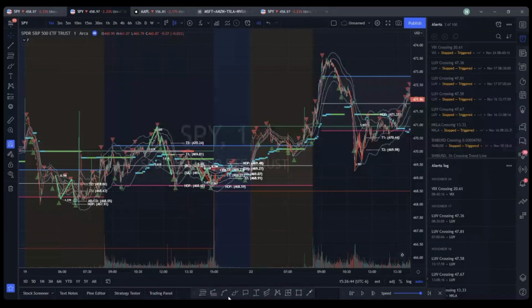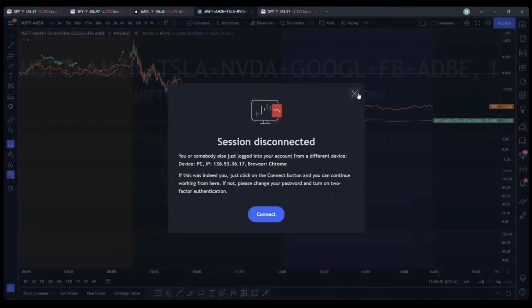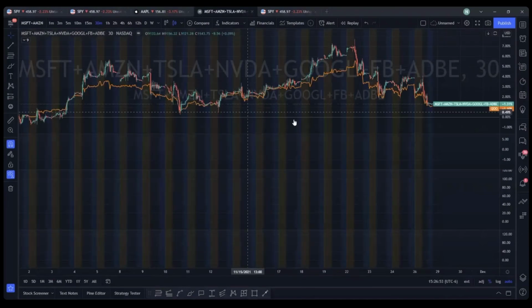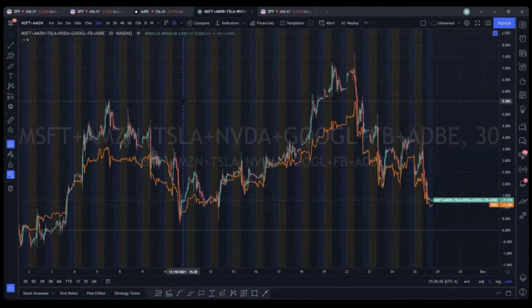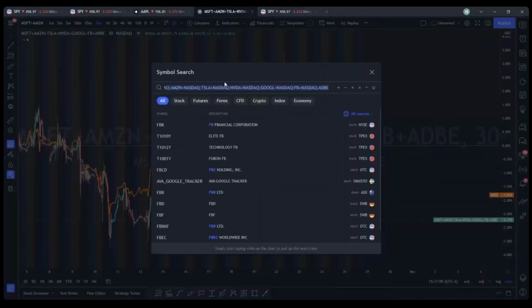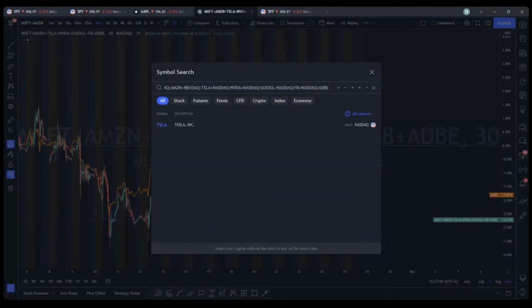And just another little thing I was playing with recently. It's a curiosity thing I suggest everybody play with, and maybe hit me in the chat. There's this neat feature: if you're using TradingView, you've got a plus sign. You know that there are various stocks that are members of an ETF, a fund or an index.